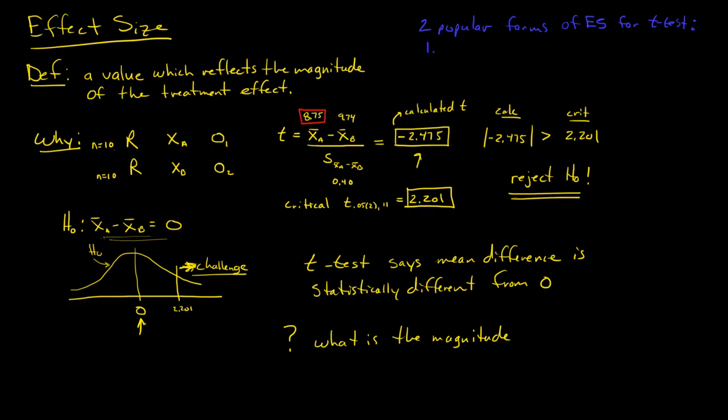One is what we call the raw mean difference, and we're going to do a separate video just on that. The second way, which will probably split into two videos, is the standardized mean difference.